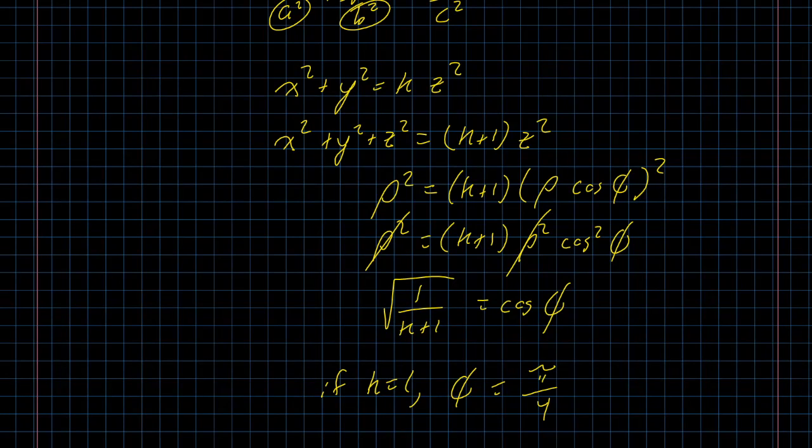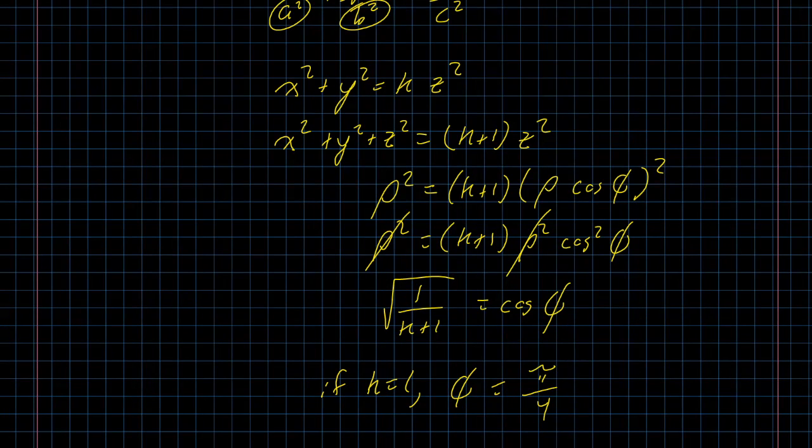It's a little bit tricky to find anything that's going to work out nicely. If k is 3, then we will get square root of 1/4 is 1/2, and cosine of pi over 3 is 1/2. So you can figure out the angle that way, and you can go through and get the rest of these. But it does go to show that we can do the conversion. We can go from rectangular coordinates into spherical coordinates, and we do in fact get that that cone is a constant value of phi.